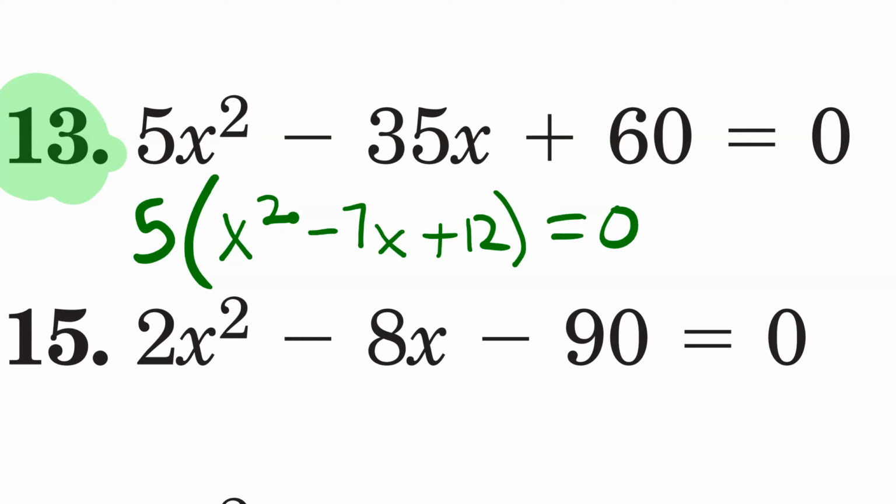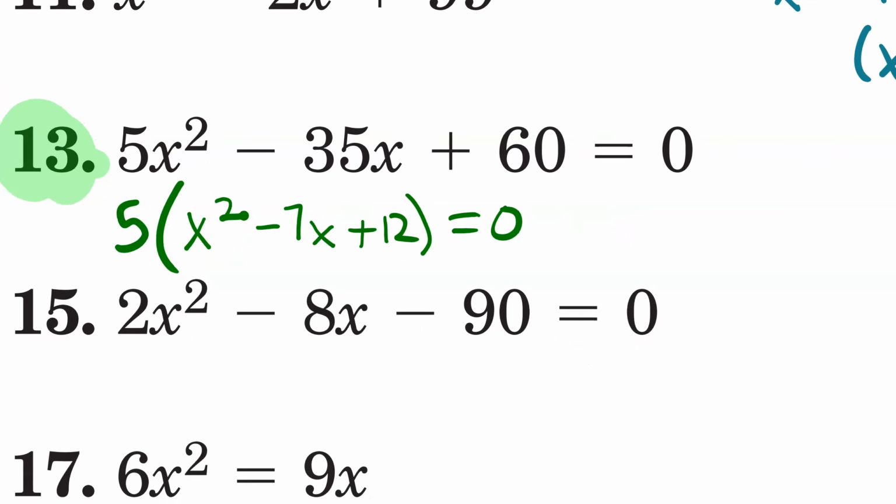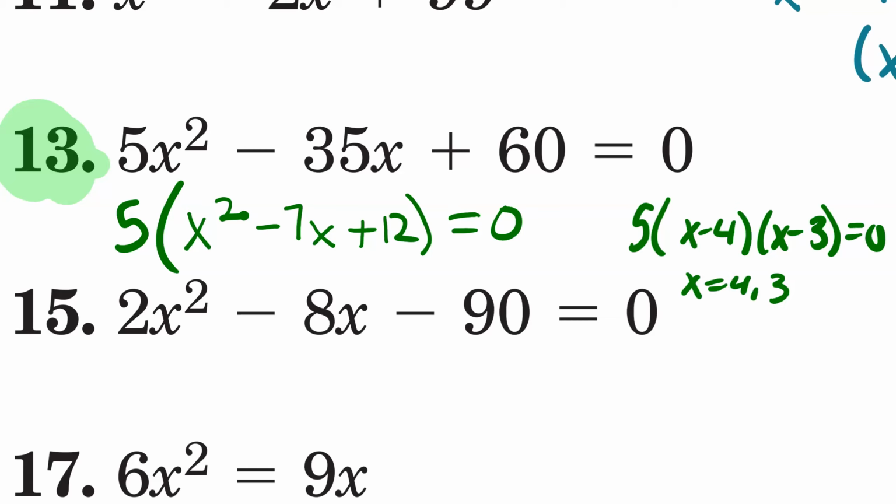Negative 4, negative 3. So to fully factor, I have 5 times x minus 4 times x minus 3 equals 0. This is the fully factored form, but now I want the solution, so I set each factor equal to 0. I don't set the 5 equal to 0, because that's not true. It doesn't give me a solution. So x equals 4 and 3.